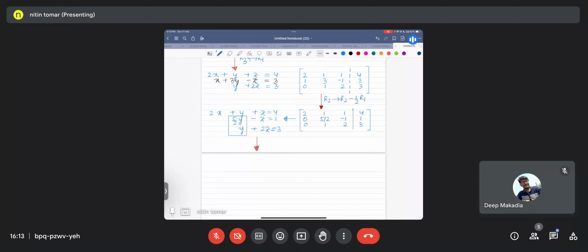So what will you get after interchange? This is R2 interchange with R3.